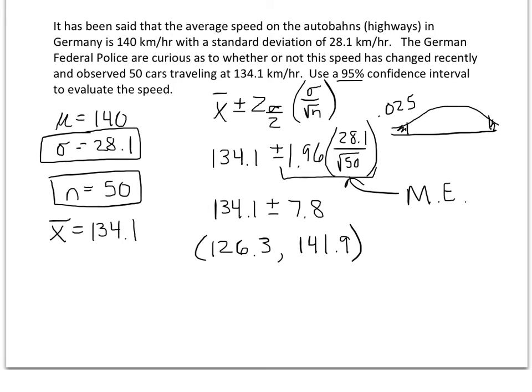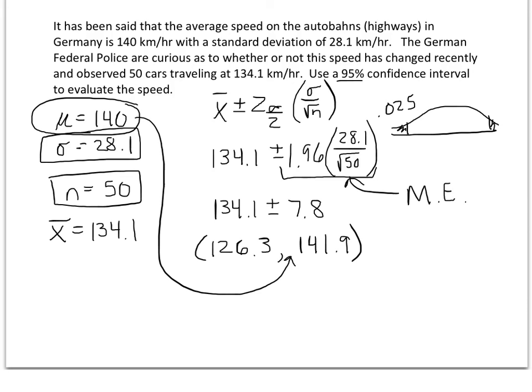Well, now at this point, I have a number that we're looking at. We're looking at the 140 miles per hour. The 140, barely, but it's still inside that interval. Since it's inside that interval, 140 is a very possible outcome here. 140 is quite possibly the average speed on those highways.